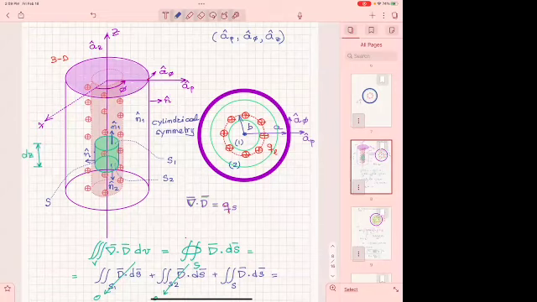See, in 3D, you see the green one here. I've drawn it for you to see it. And in 2D, because I have a total cylindrical symmetry, first of all, it means that I have no Z dependence.